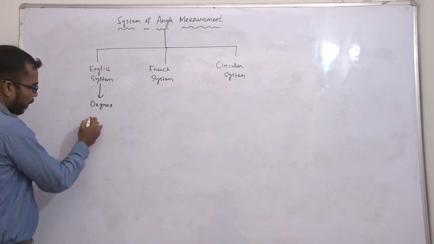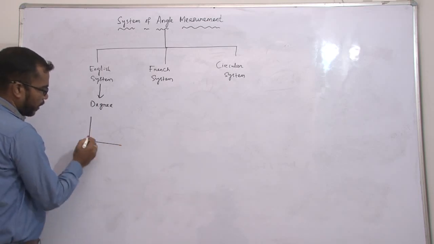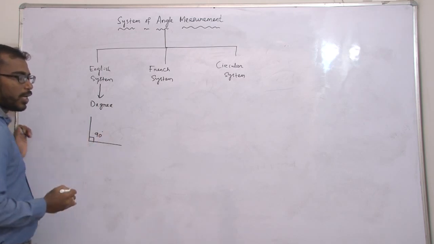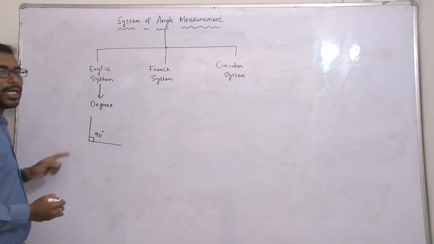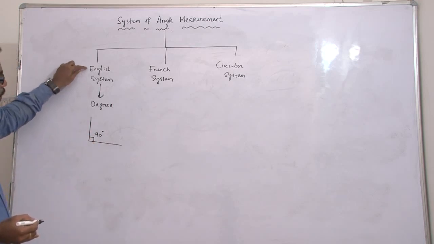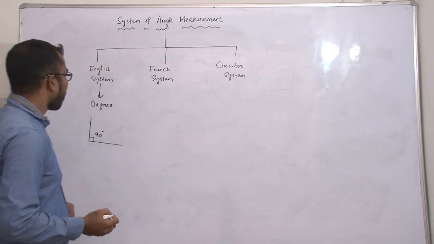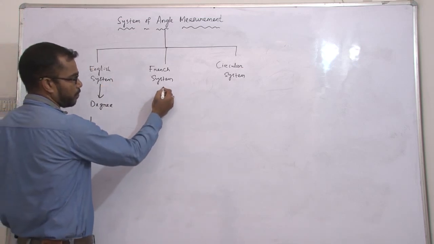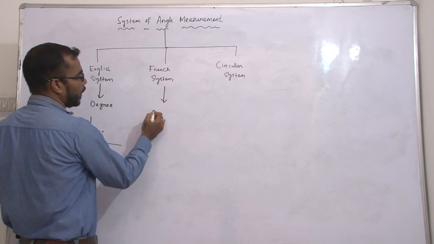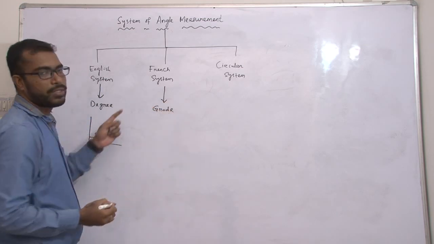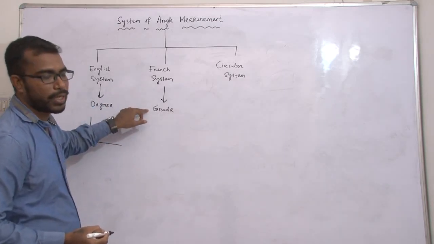So, in a right angle triangle, the angle is 90 degrees. So, we denote 90 degrees. In the English system, we denote angles in degrees. But in the French system, we denote angles in grades.